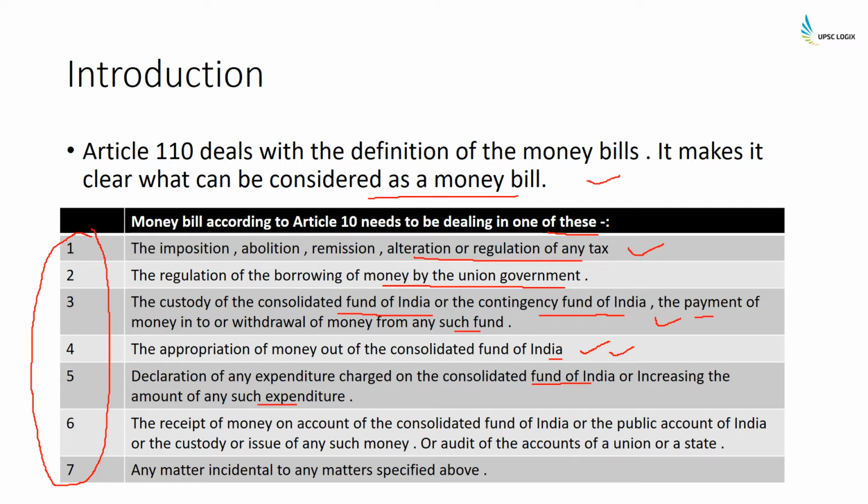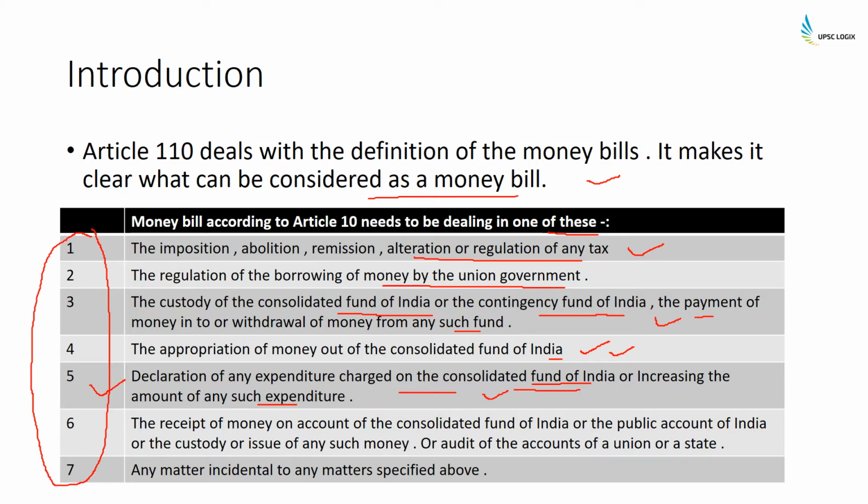Again, any expenditure charged on the Consolidated Fund of India is considered a money bill. For example, suppose the parliament intends to increase the salary of high court judges. These salaries are charged on the Consolidated Fund of India, and therefore the bill put into Lok Sabha for passage would be a money bill. So I think this point is clear now.